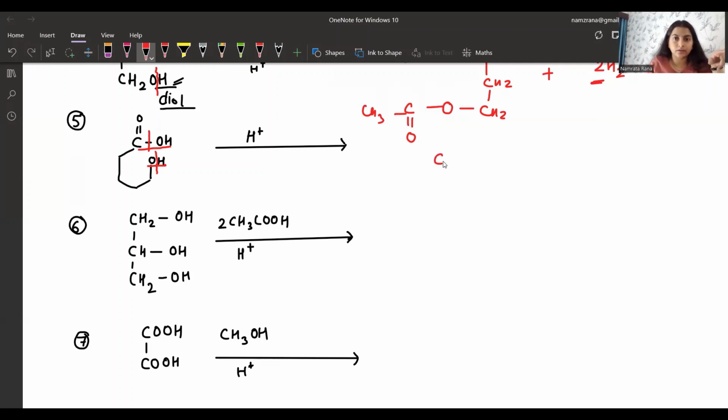Now, if I write this C double bond O connected to this carbon, similarly the next carbon, next carbon, next carbon, then an oxygen atom, and this oxygen is connected to this carbon atom. So this is a kind of cyclic ester, plus one molecule of water is released. Correct?